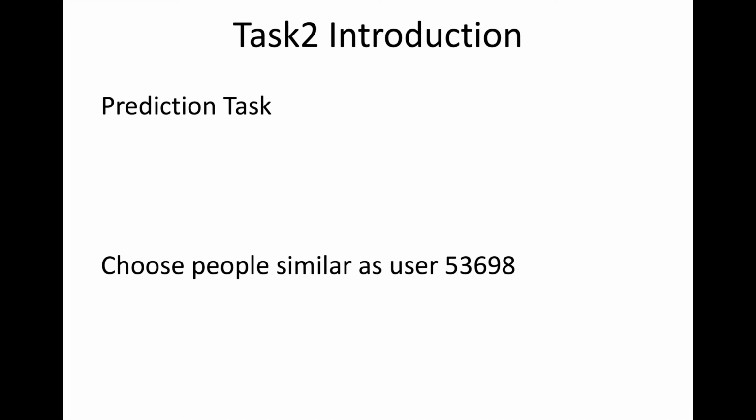For each movie rated by user 53698, we find all the same ratings from other users. If the count of the same rating for the same movie from other users is larger than 10, we can consider that these two people have similar interests and similar preferences. So we are going to choose them as the dataset.